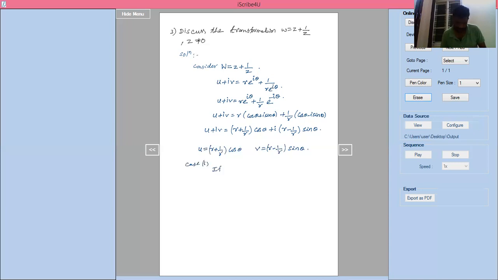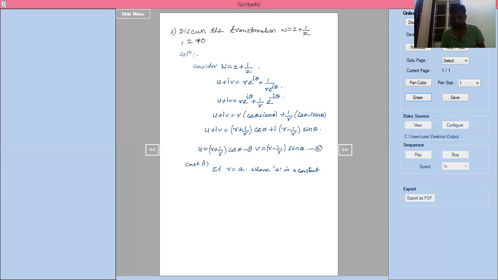If r equal to a, where a is a constant, this is equation 1, this is equation 2.